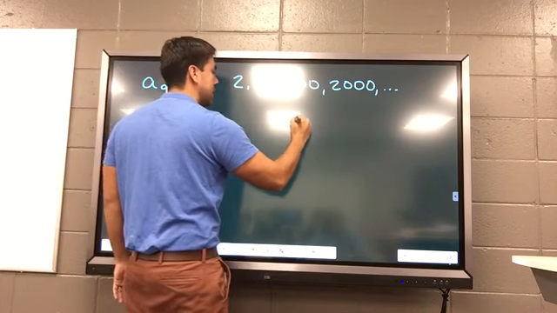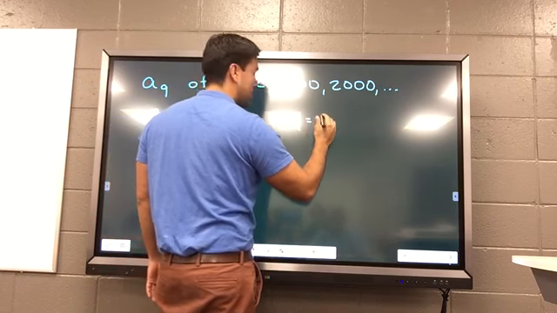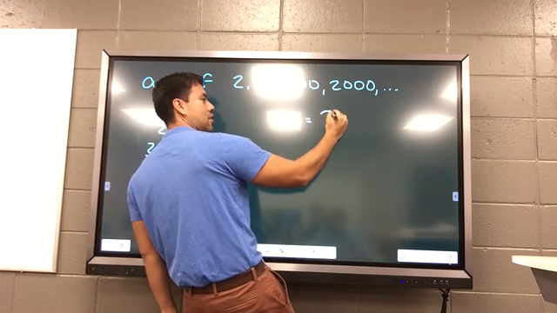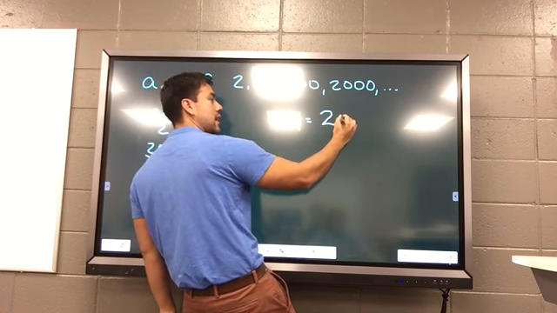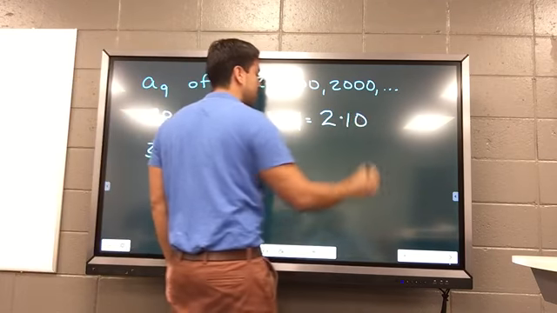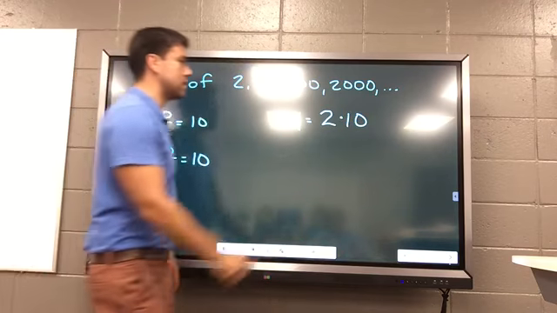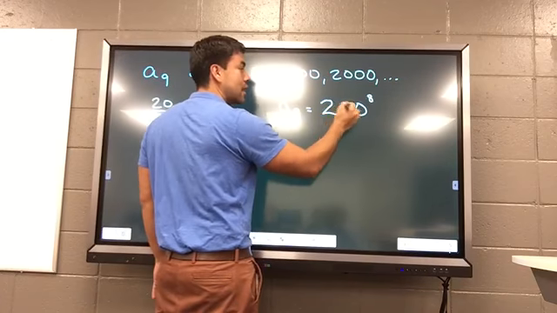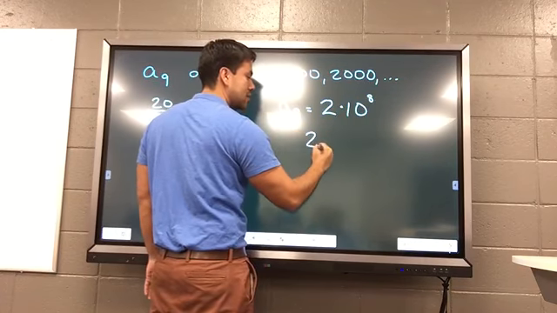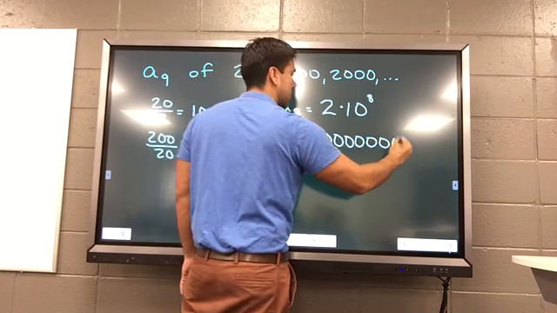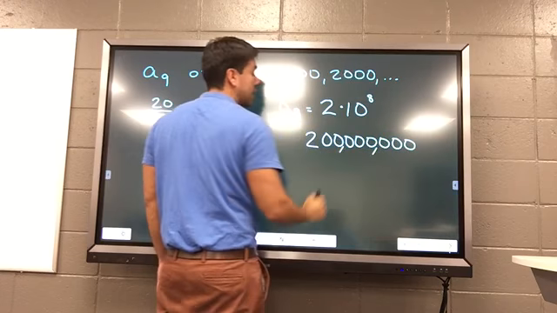Okay, great. So here's my formula. I want to find the 9th term, so I put a sub 9. What's the first term? 2 times the common ratio, 10, to which power? 9 minus 1 is 8. Okay, 2 times 10 to the 8th power is basically 2 with how many zeros? Don't forget commas, guys.